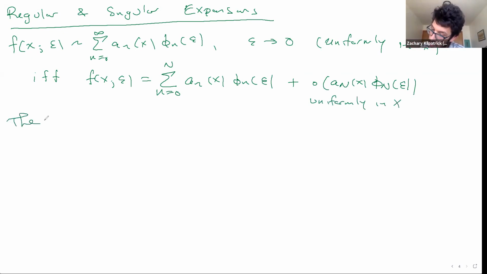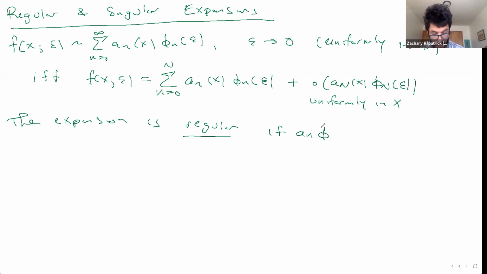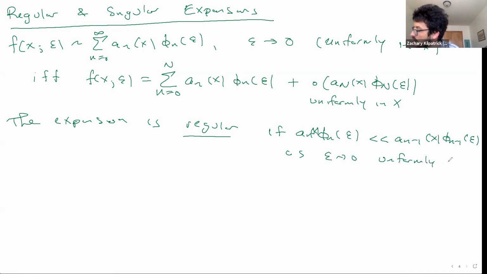Okay. This is any expansion. Now the expansion is going to be regular if a n of x phi n of epsilon is much less than a n minus 1 of x phi n minus 1 of epsilon as epsilon goes to 0, again uniformly in x, okay?